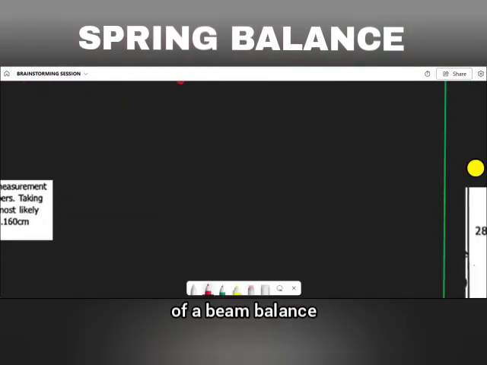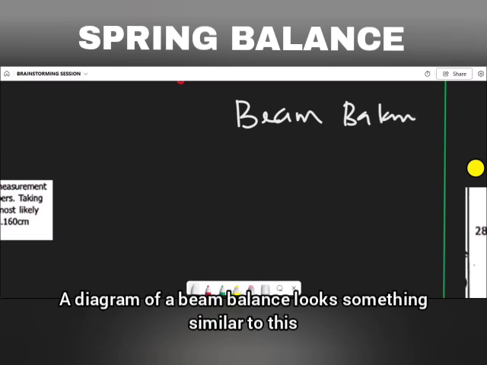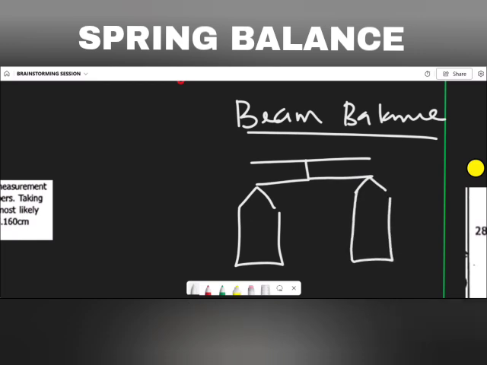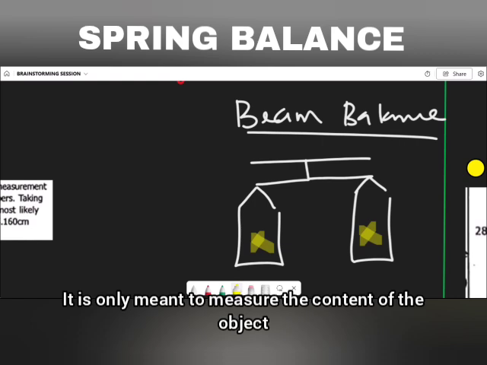A diagram of a beam balance looks something similar to this. As you can see, on this side we put our object here and our object here. It's only meant to measure the content of the object.